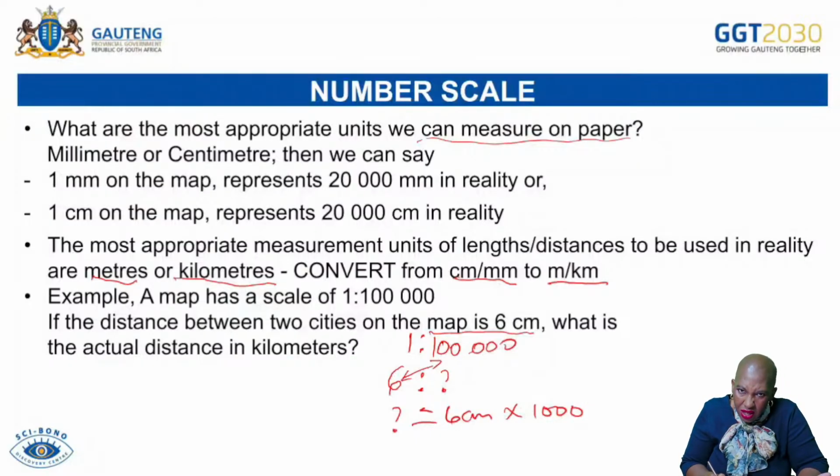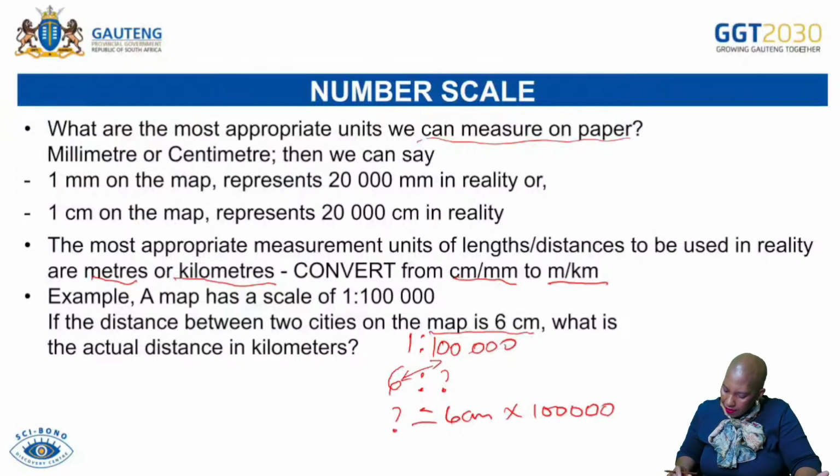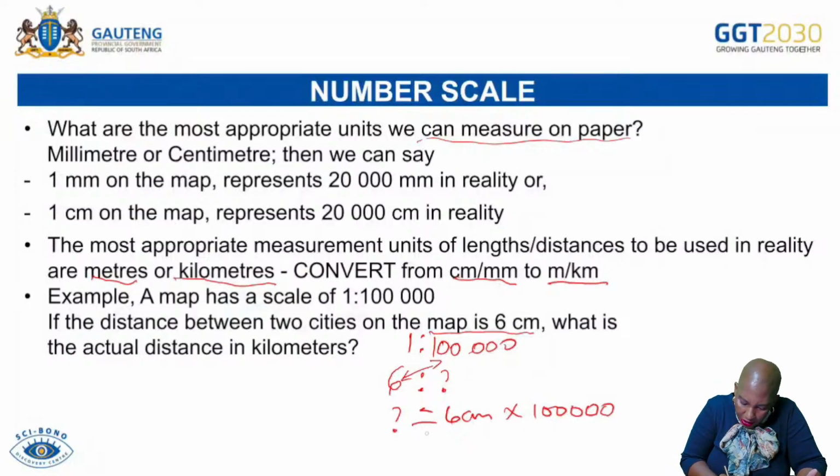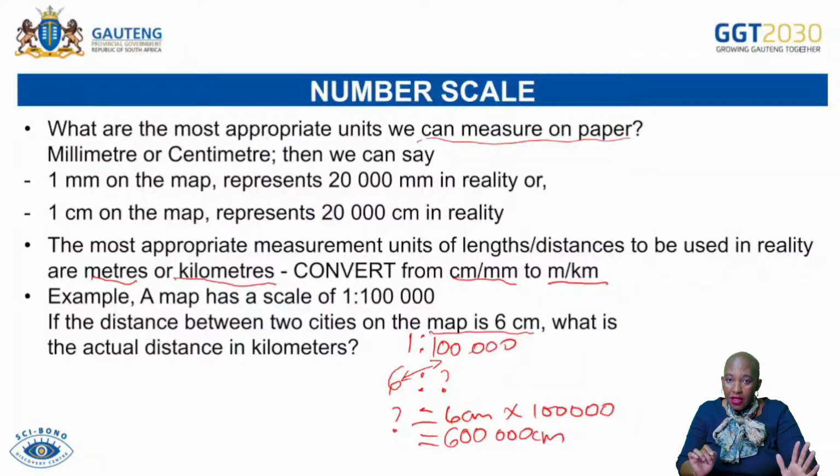Yeah, because we're given the units as centimeters. So we multiply by 100,000. We multiply it by 6, and then we get our answer to be 600,000 centimeters. But is that the correct answer?